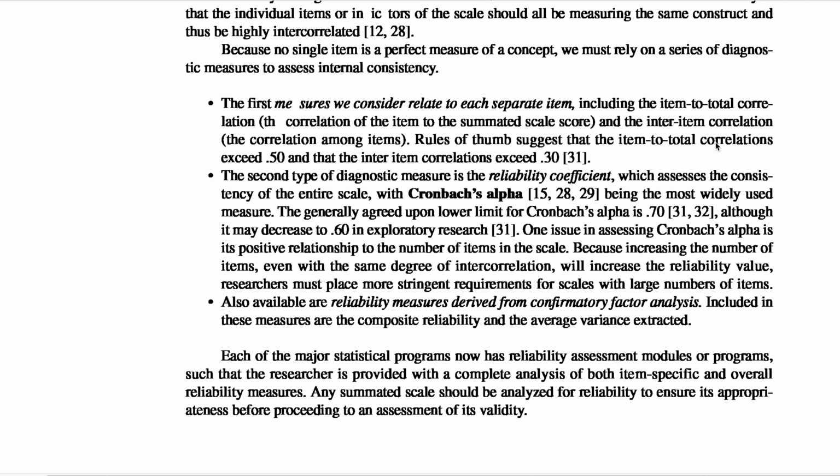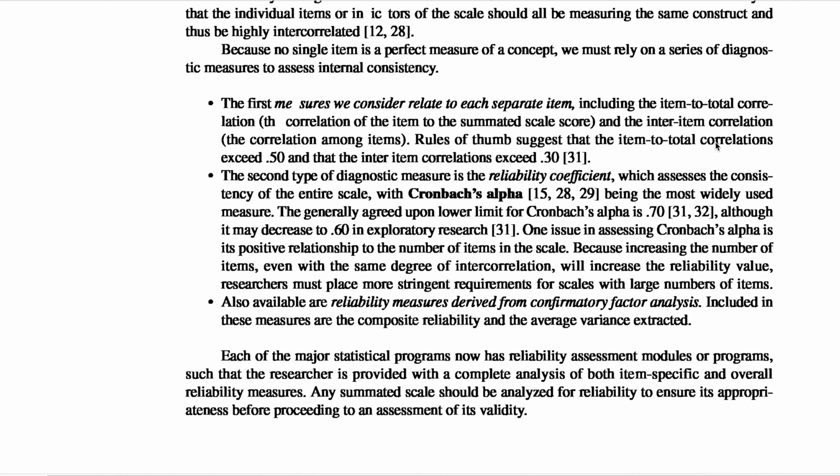One issue in assessing Cronbach's alpha is its positive relationship to the number of items in the scale, because increasing the number of items, even with the same degree of intercorrelation, will increase the reliability value. Researchers must place more stringent requirements on scales with a large number of items.